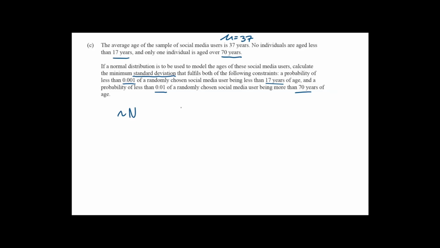Okay, how are we going to solve this one? We know that Z is X minus mu over standard deviation. We want to find that standard deviation. We are given two X's in this case, 17 and 70.